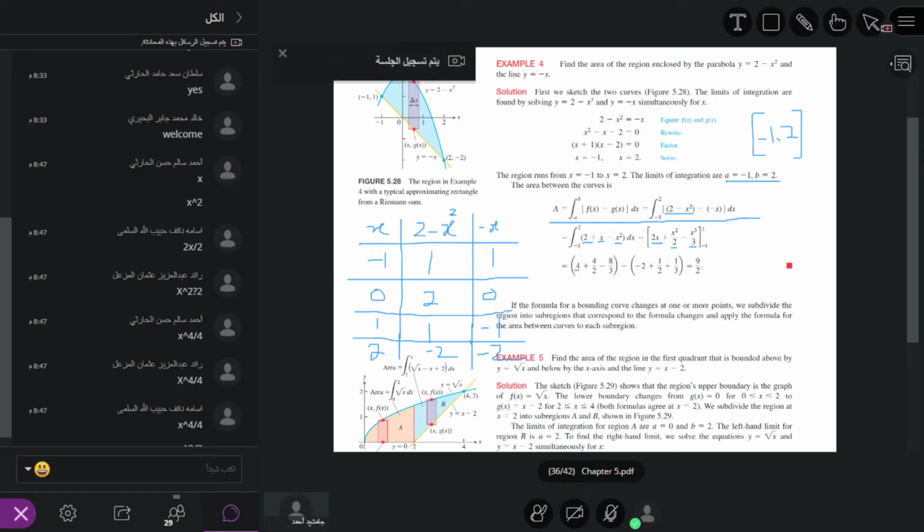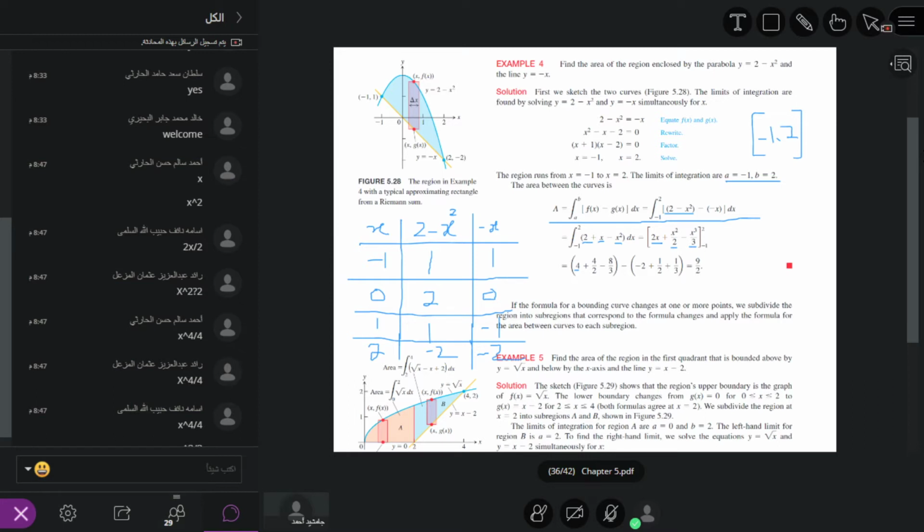Okay, so first we put the upper limit, then we put the lower limit. So 2 times 2 is equal to 4, plus now we have 2 squared, which is 4, so 4 divided by 2, minus 2 power 3, which is 8 divided by 3, minus, now we have 2 times minus 1, which is minus 2, plus minus 1 squared, which is 1.